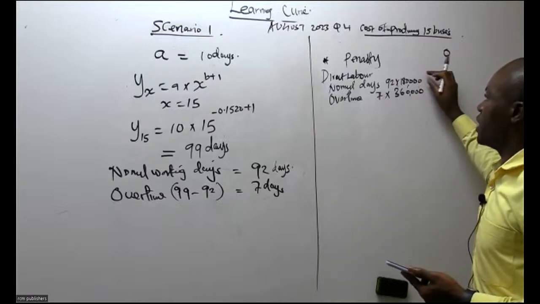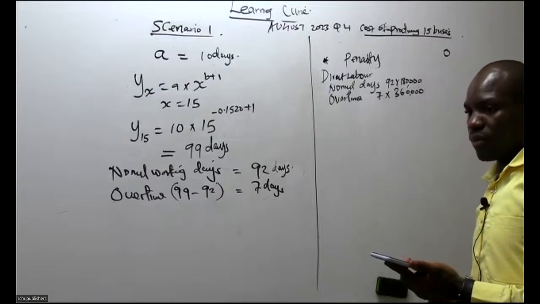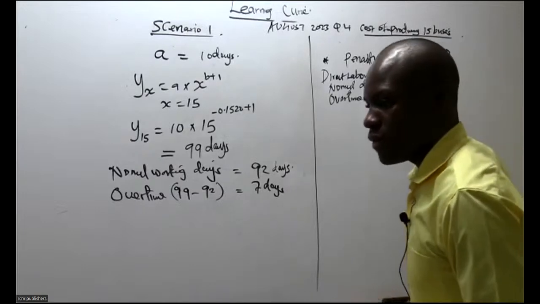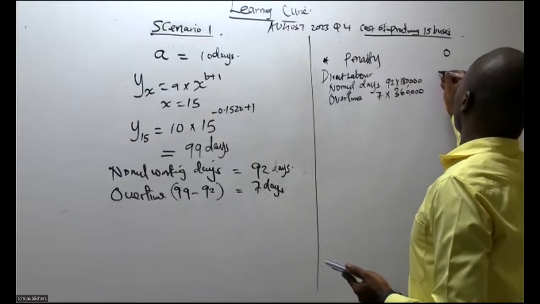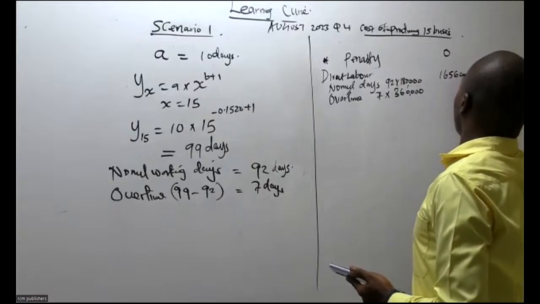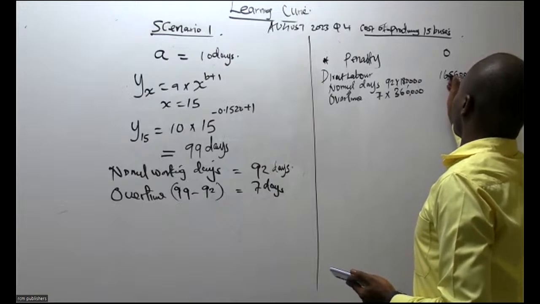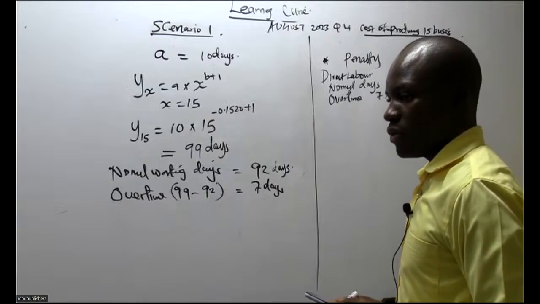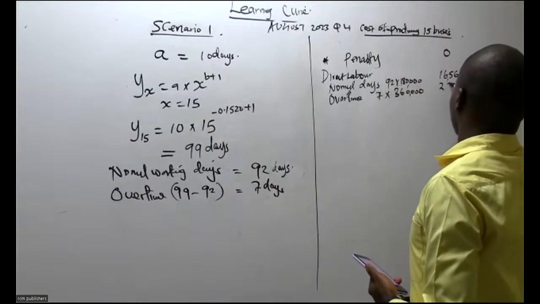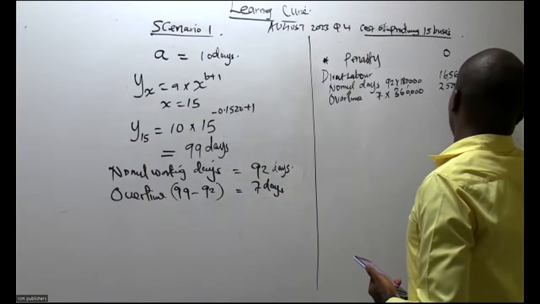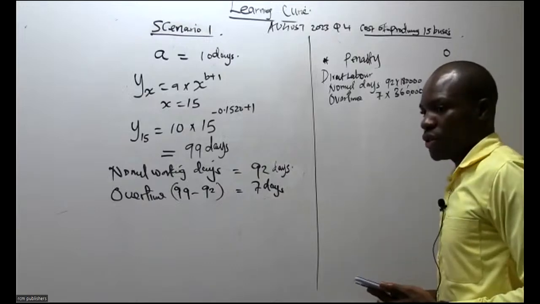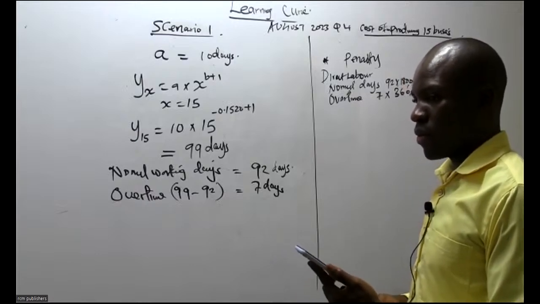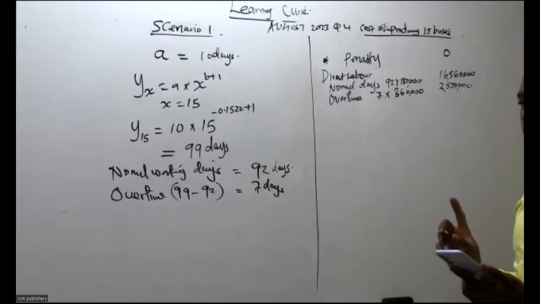Just start with the first one. 92 by 180, tutakuwa na ngapi? Tuchangamke. 16,560. How about the overtime? 2,520. Good. So I believe the rest are also getting that for the overtime.